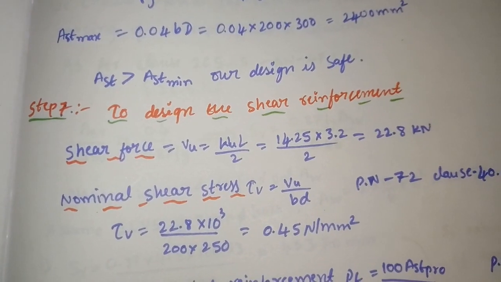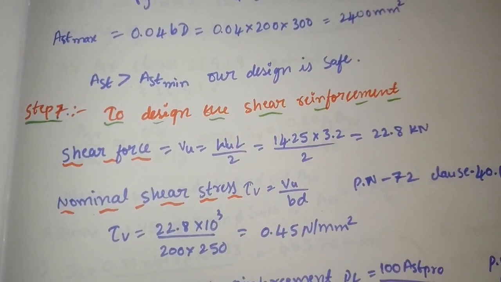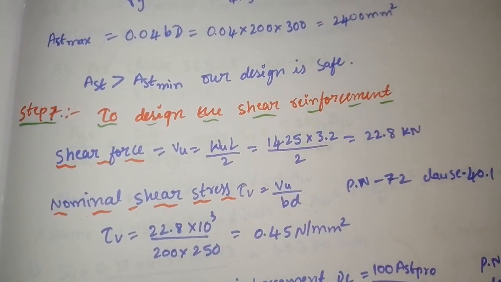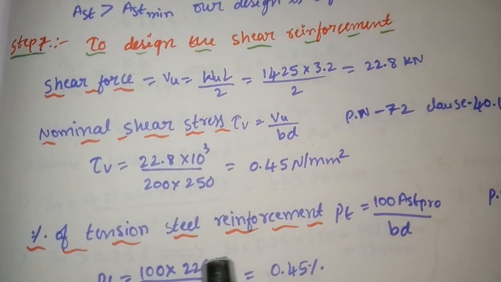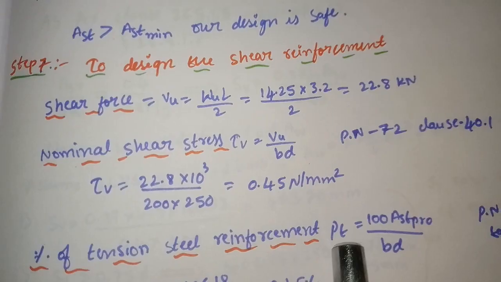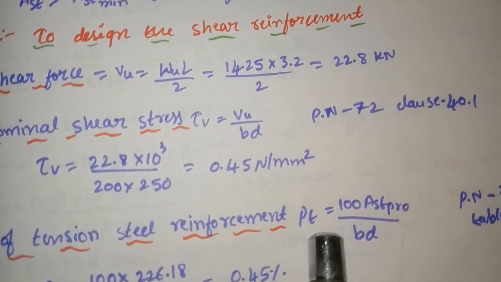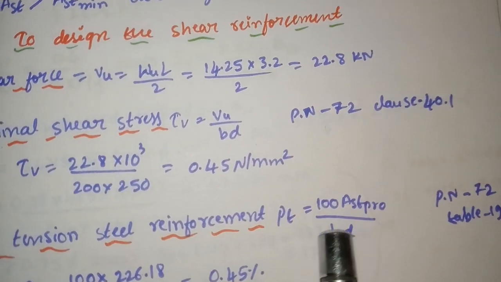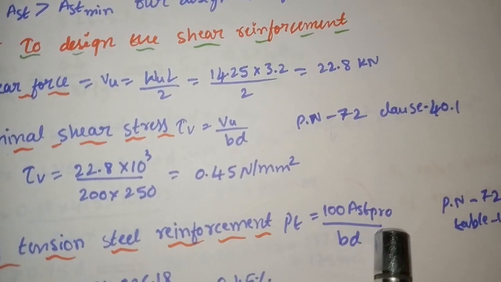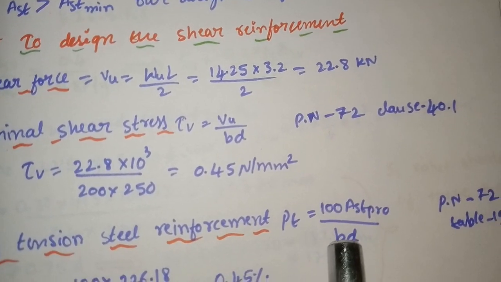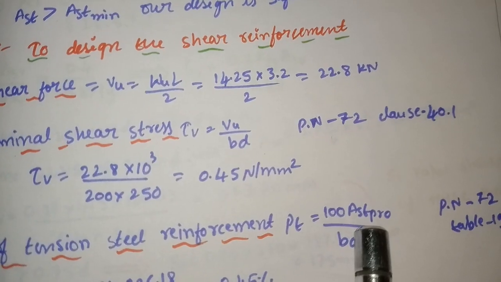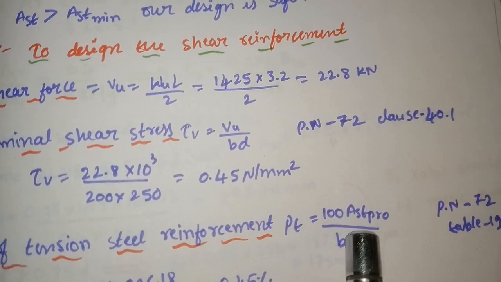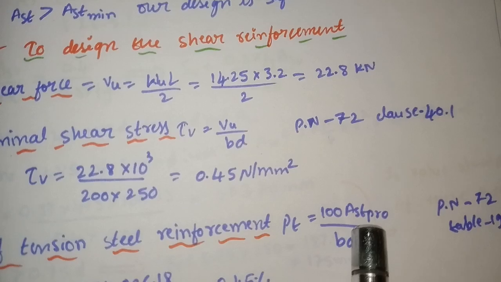Next we'll go for the calculation of percentage of tension steel reinforcement, denoted as PT. For that we have the formula 100 into AST provided divided by B into D. Don't get confused here; we need to substitute the value of AST provided.